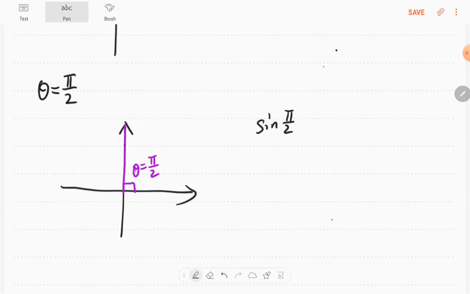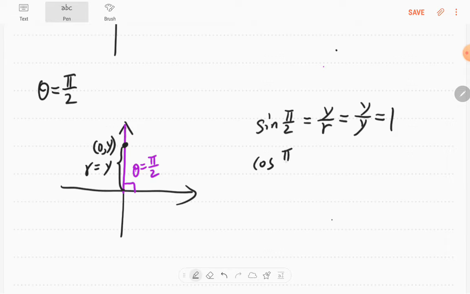We pick an arbitrary point, which is (0, y), right? The distance between this point and the origin is y, so r equals y. So sine pi over 2 equals y over r, which is y over y, which is equal to 1.